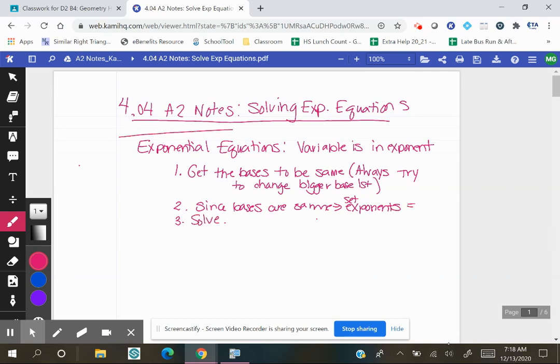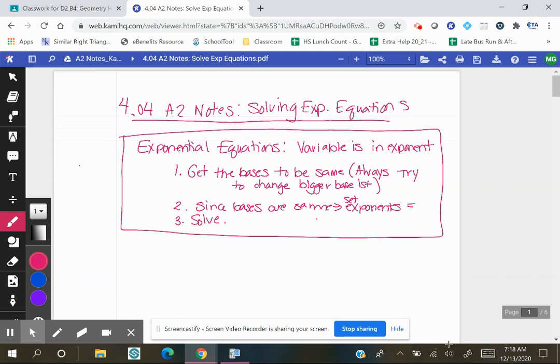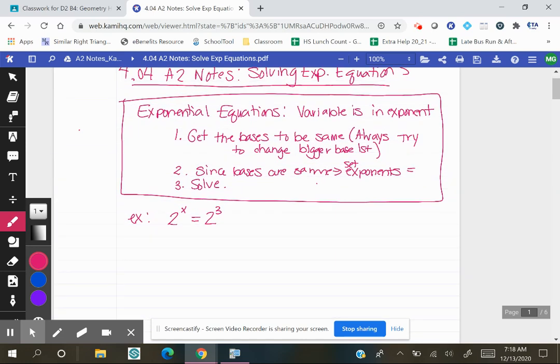So what this is saying is if I had 2 to the x, and then I said, well, that's equal to 2 to the third. What's the value of x? Well, if they both have a base of 2, then I know they have to equal each other. 2 to the third has to equal 2 to the third. So x would equal 3.